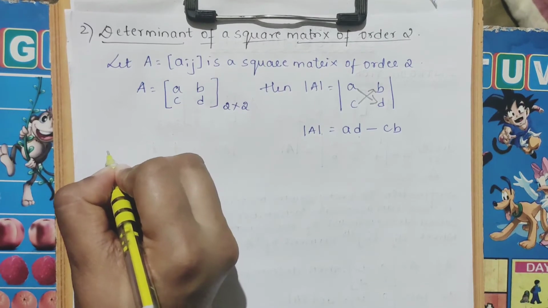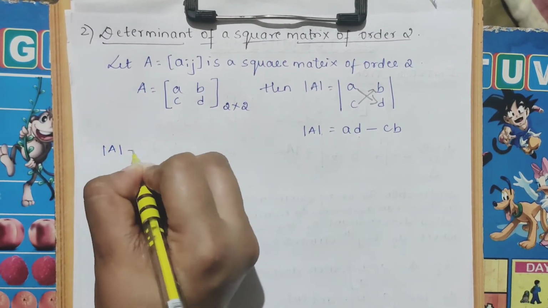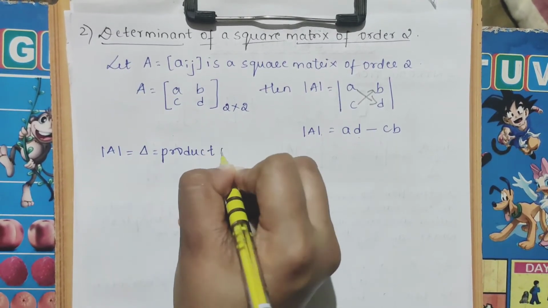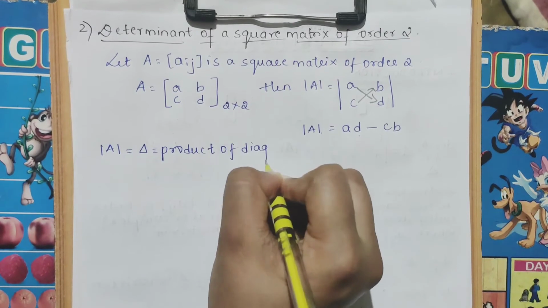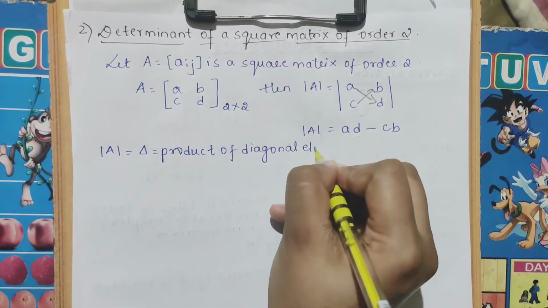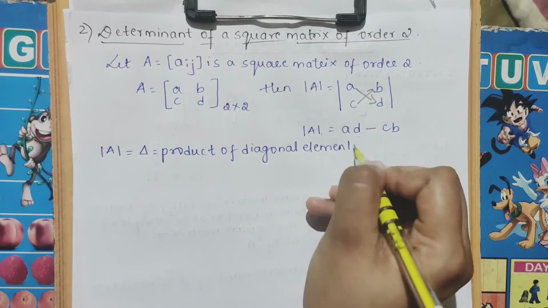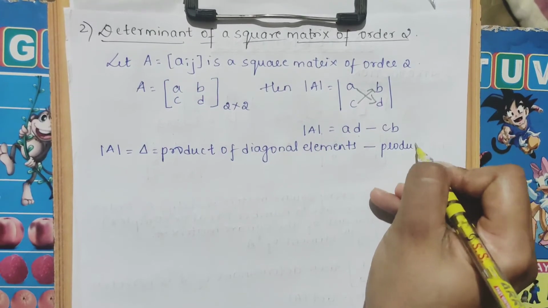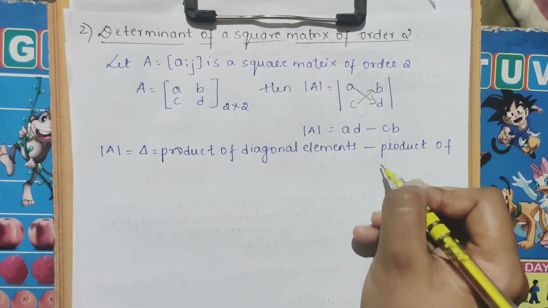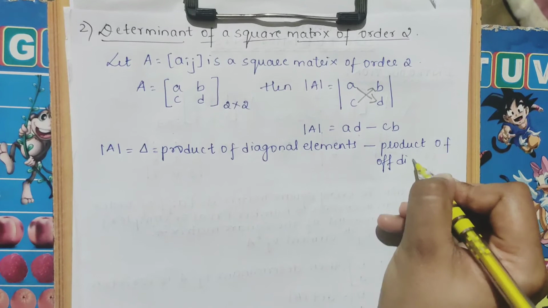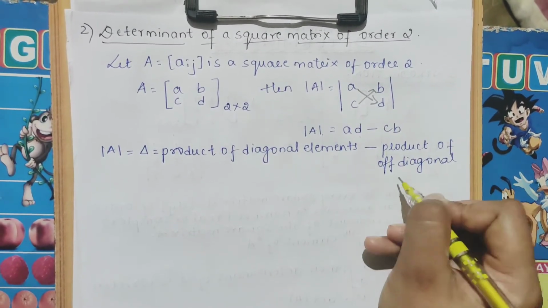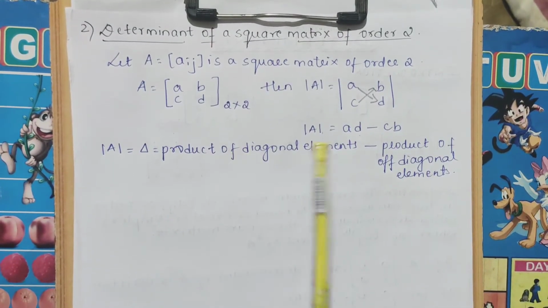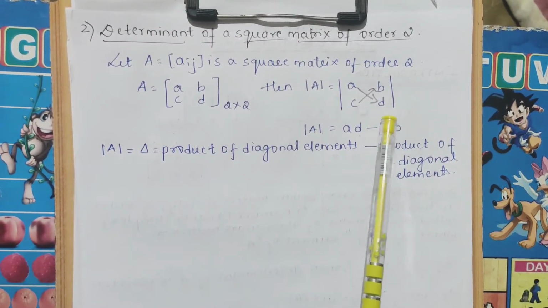You can write determinant of A, or delta, as: product of diagonal elements minus product of off diagonal elements. This is how you have to find the determinant of a square matrix of order 2.